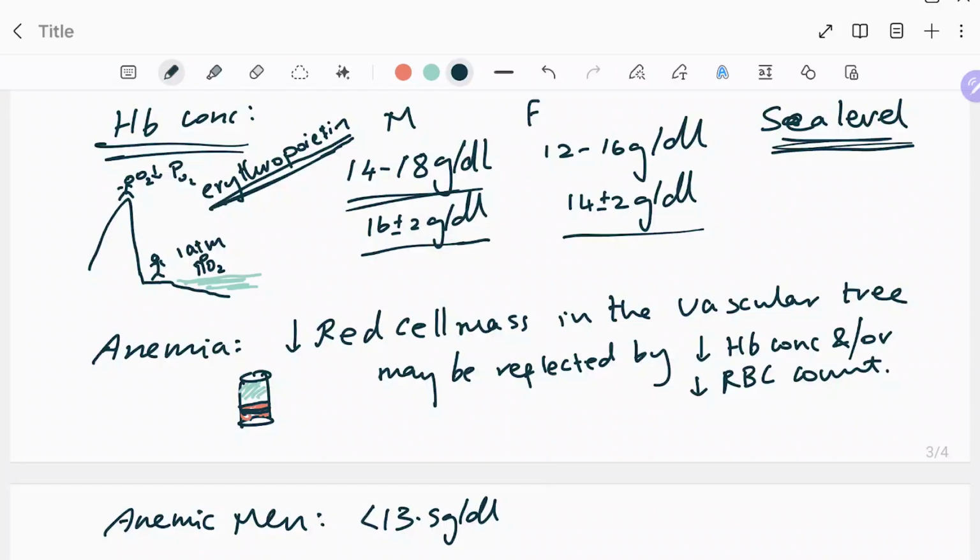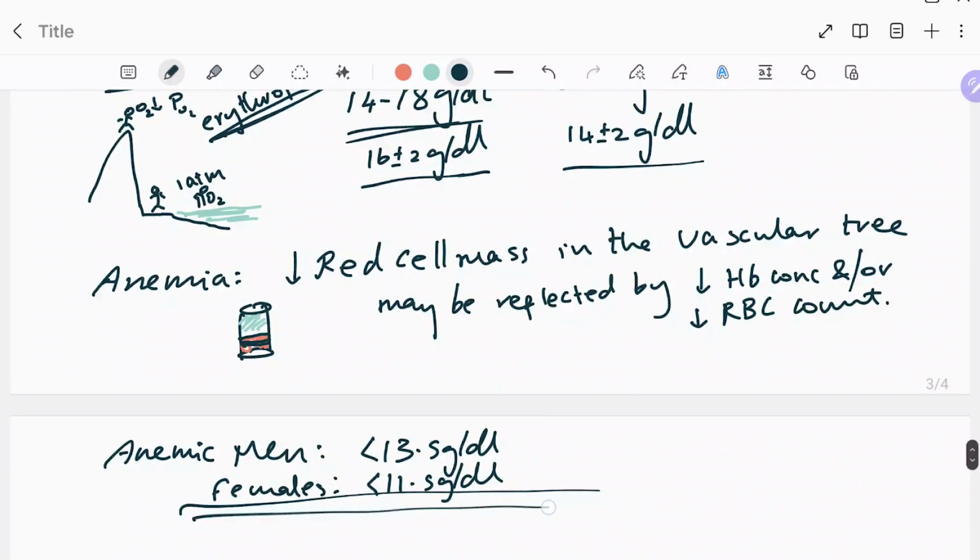For women, some books say if it is less than 11.5 grams per deciliter, you can say that they're anemic. Of course, it varies with the altitude you are in. We'll talk about it when we go to anemia.